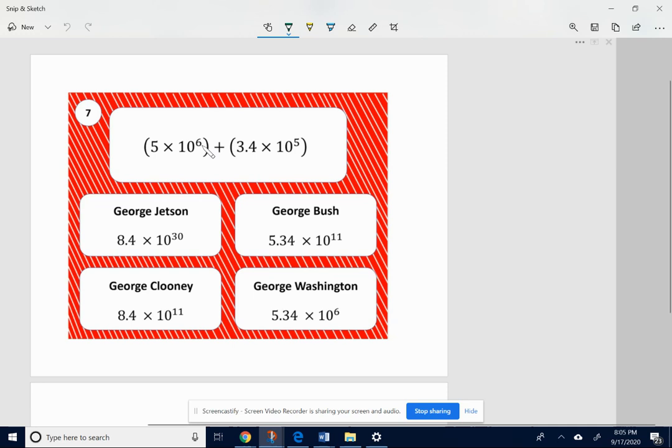We have a 6 as one exponent and a 5 on the other. It's easier to work with the small exponent and turn it into the larger exponent. So it's going to be easier to work with the second number in scientific notation and change that 10 to the 5th into 10 to the 6th.